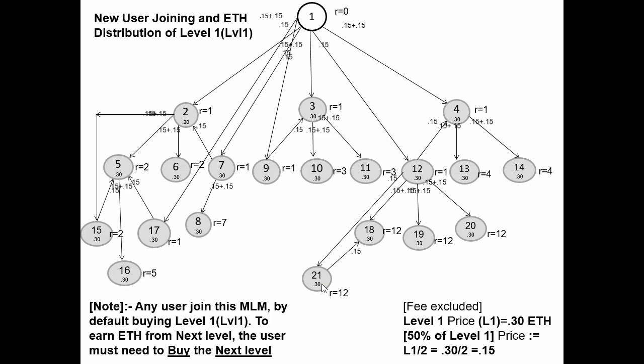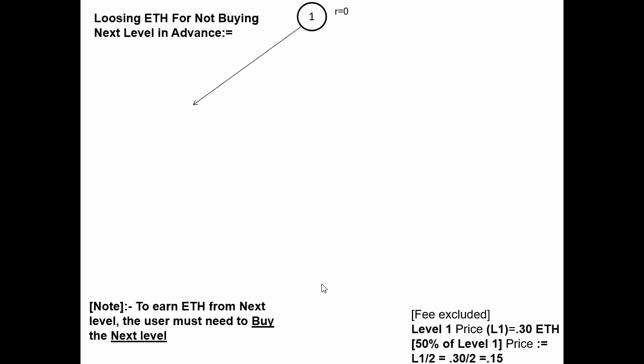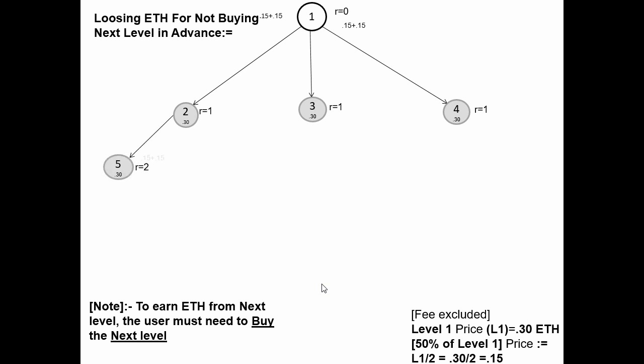So this is how the game works when a referrer shares his link to a new user, the new user joins through his referral link, and how he gets the money. This is the same demo, just showing what will happen if this user adds a new user here, but this user didn't buy the second level.